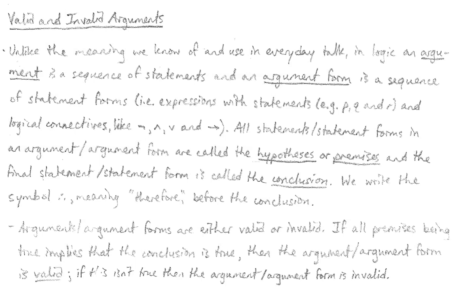All statements or statement forms in an argument are called the hypotheses. And when I say all of them, I mean all of them except for the last one. The final statement or statement form that's in an argument is called the conclusion. And there's a special symbol that we write immediately before the final statement form, and it's three dots in the form of a triangle.